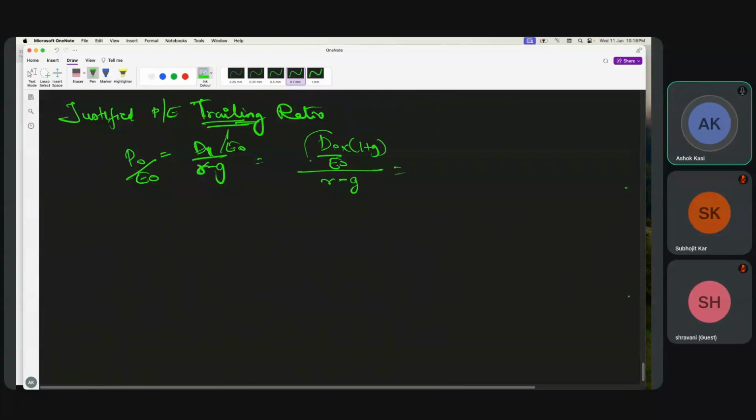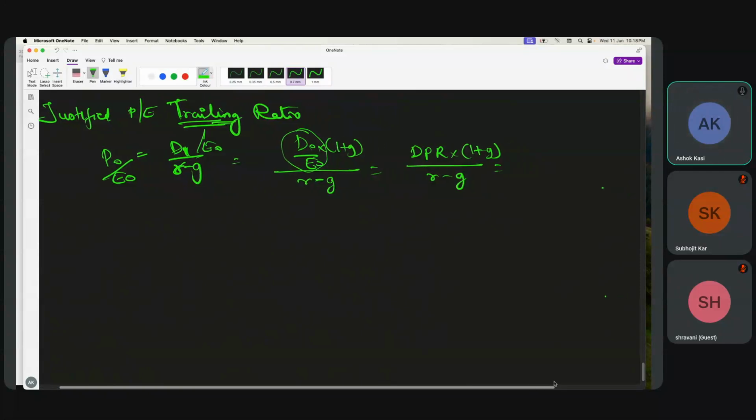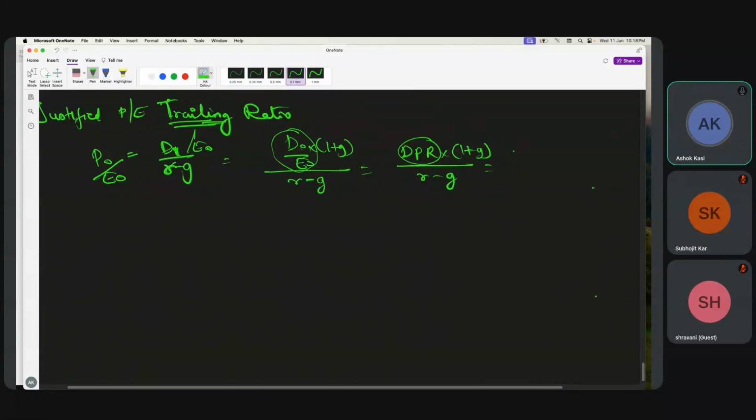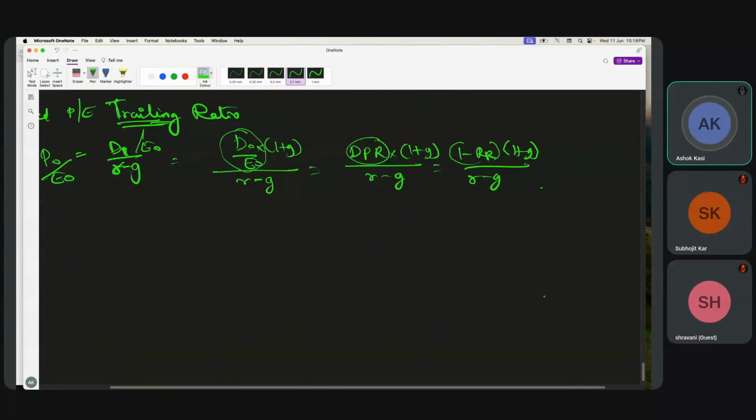That is equal to the dividend payout ratio into 1 plus growth divided by R minus G. That is equal to the dividend payout ratio, which I can write as 1 minus retention ratio, into 1 plus G divided by R minus G. That I can further write as, the book many times uses the notation B instead of retention ratio.